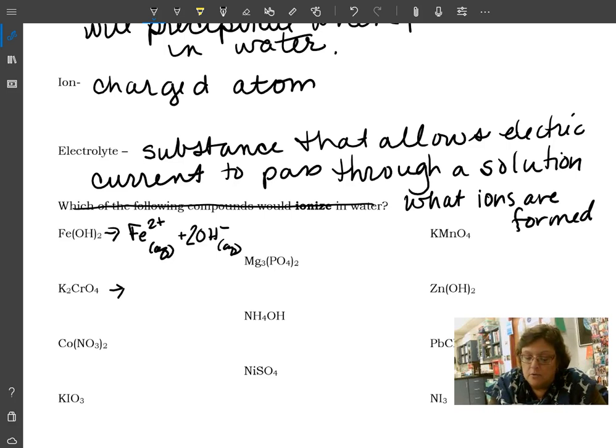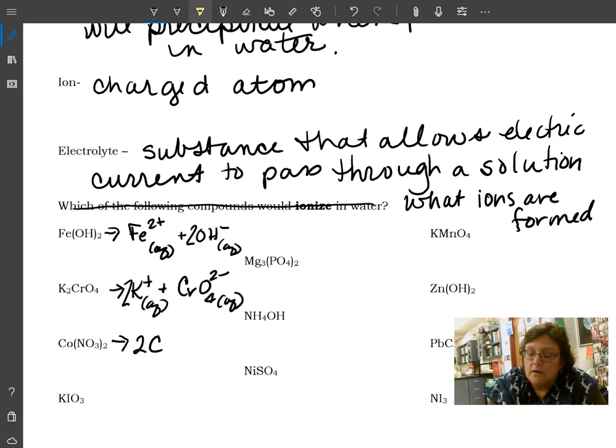Potassium chromate will dissociate into potassium ions and chromate polyatomic ions. Cobalt 2 nitrate will dissociate into, oops, I did that wrong. Cobalt with a +2 charge and 2 nitrate ions.